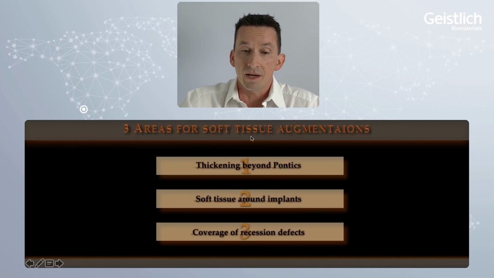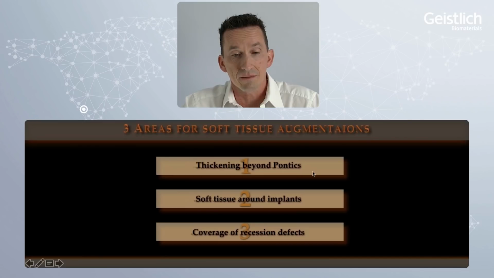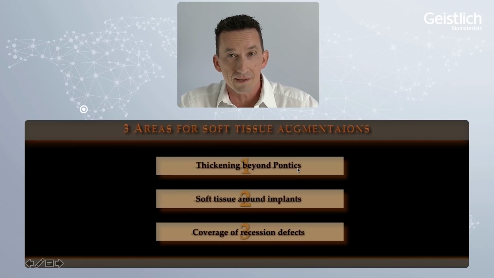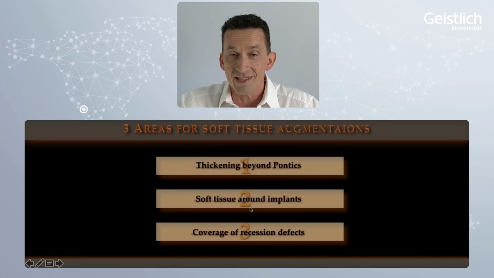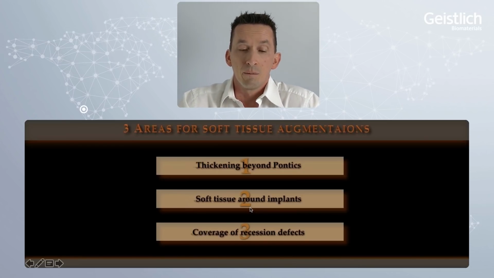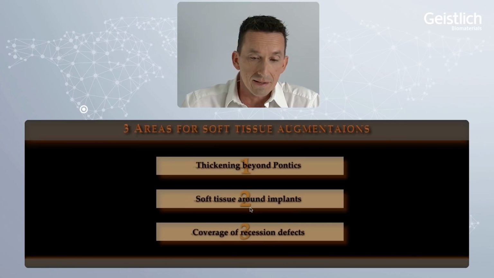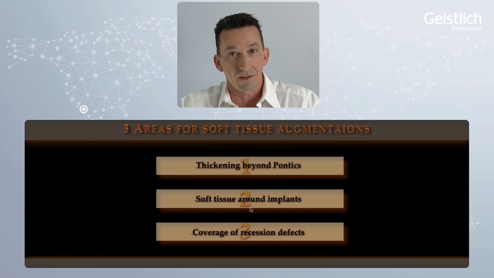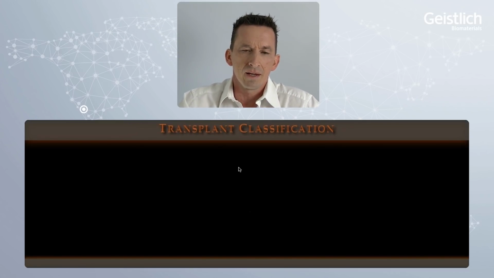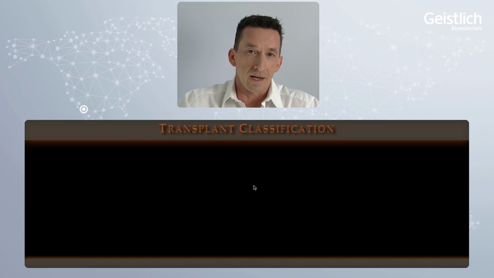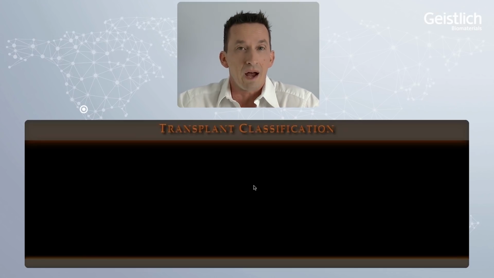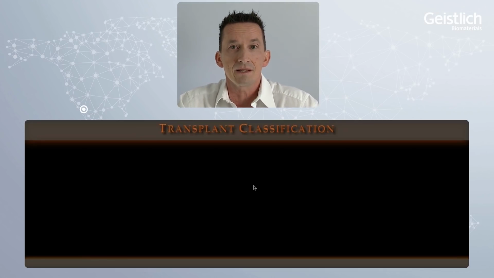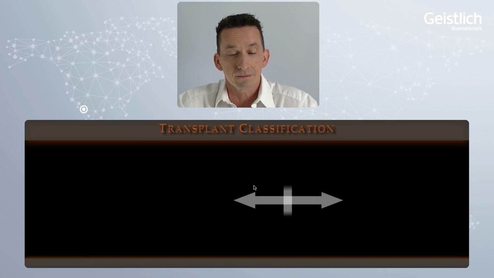There are 3 areas for soft tissue augmentations: the thickening beyond pontics, soft tissue thickness around implants, and finally, the most sophisticated part is the coverage of recession defects. We can classify all those soft tissue transplants, and as I already told you, the all-rounder is the connective tissue graft.